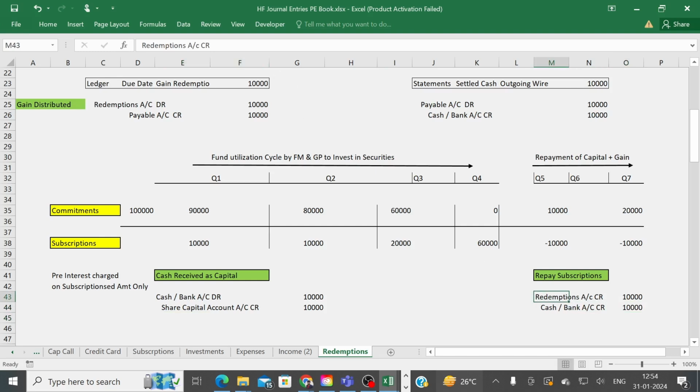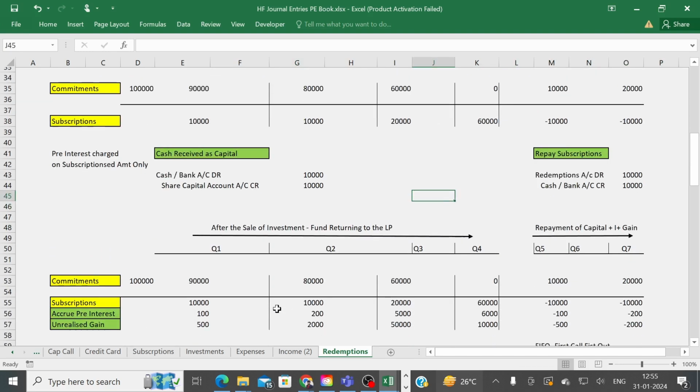So when you reverse the payment, meaning when you return the payment, your redemption account would be debited and cash would be credited. So this is how you can put the logic. When you receive it, cash is received, so the capital account would be credited, and when you repay it, your redemption account would be debited and cash account credited.